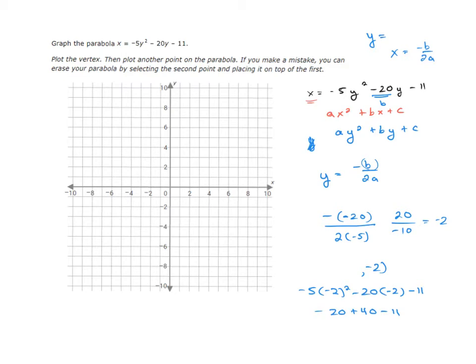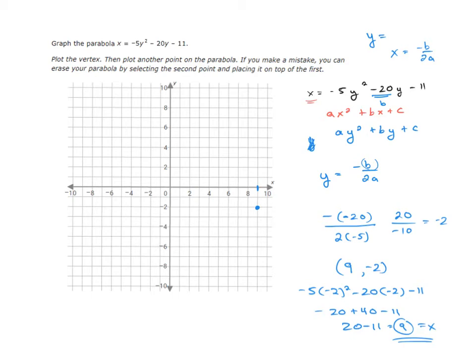I'm sorry, 20 minus 11 is 9. So that's how I found my x value here. So my x is 9. So I can go ahead and plot that as my vertex. 9, negative 2.